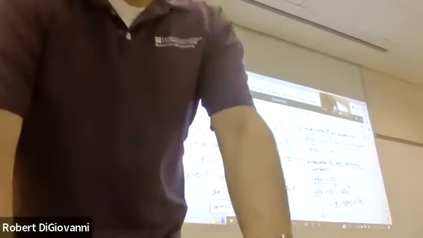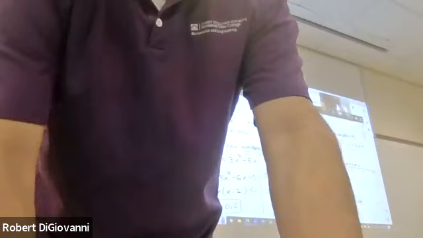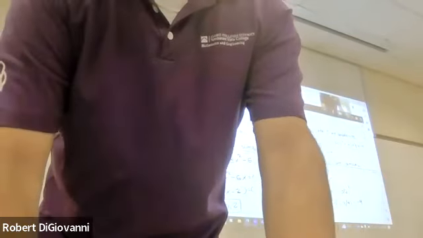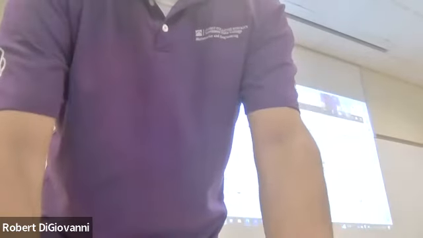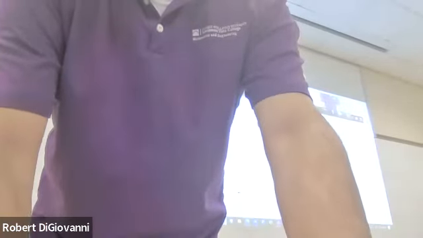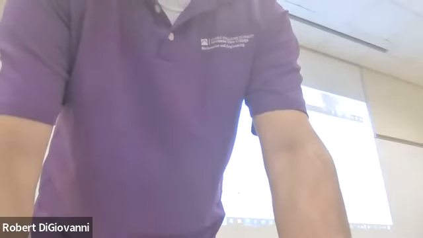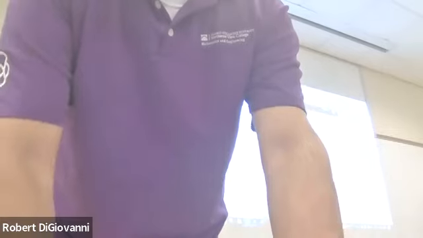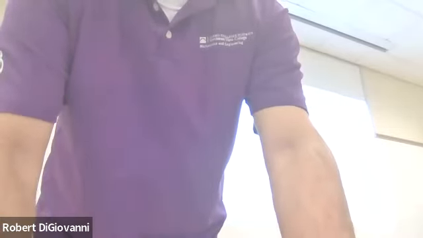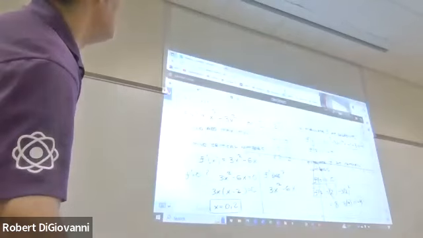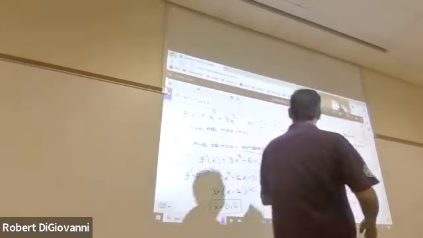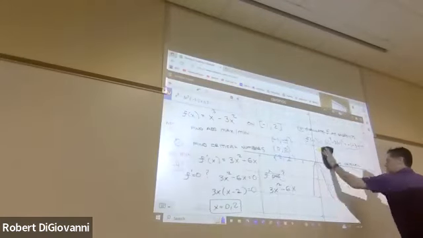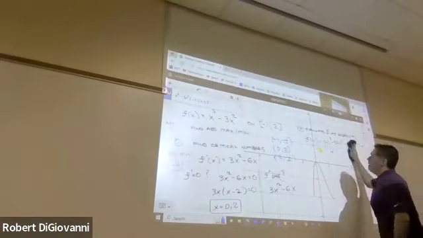So if I go to Desmos, I type in x cubed minus 3x squared, and I restrict my domain to between -1 and 2, less than or equal to 2. There's the graph. Look at that.